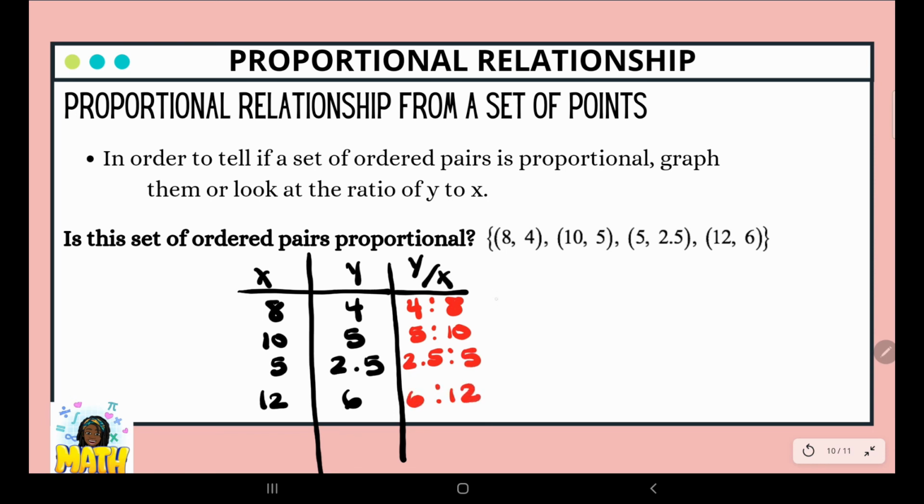And then we can go ahead and simplify these ratios. 4 to 8 would be a half. 4 goes into itself once, it goes into 8 twice. 5 to 10 would also be a half. 5 goes into itself once, goes into 10 twice. 2.5 to 5, so $2.50 is half of $5, so that's 1 to 2 as well. And then 6 to 12 is 1 to 2. So here we see that the constant of proportionality is the same for all of these ratios. Therefore, this relationship is proportional.